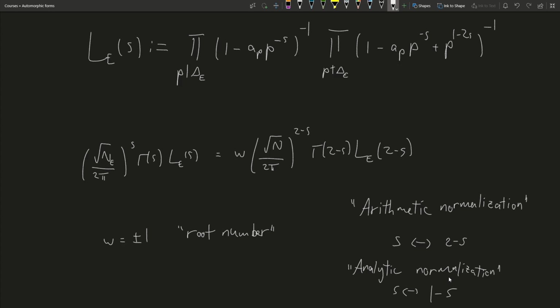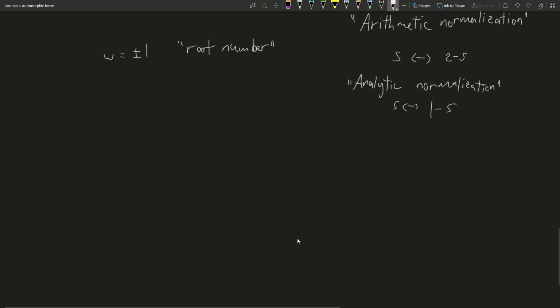Okay, so we have this functional equation for the L function, and another fact is that L_E(s) is entire, meaning holomorphic on all of C, so it has no poles.